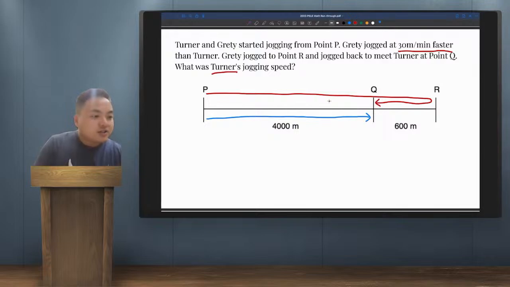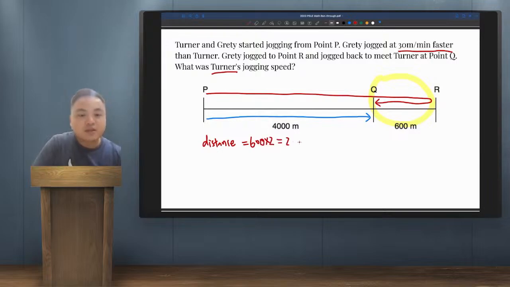You can see that Gretty ran an extra distance here, Q to R. Since she goes from Q to R and U-turns back to Q, the distance is 600 times 2, 1,200 meters.